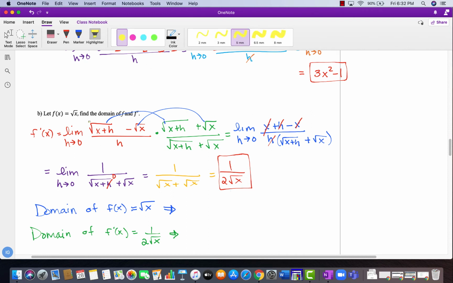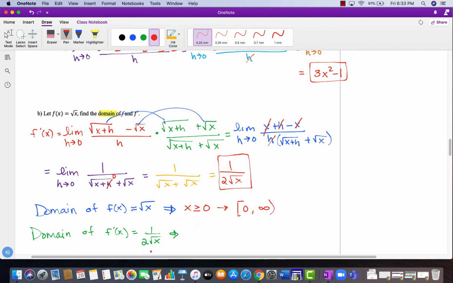Now, I forgot that we're also finding the domain of f and f prime of x, okay? So this is the last part we're doing. So here we have to find the domain of f of x, which is the square root of x. Now in this case, x has to be greater than or equal to 0. So if you write it with interval notation, that will be bracket 0 to positive infinity, okay?